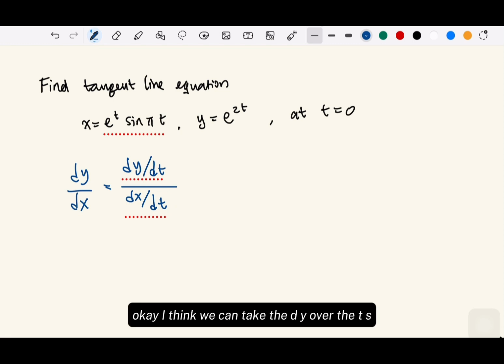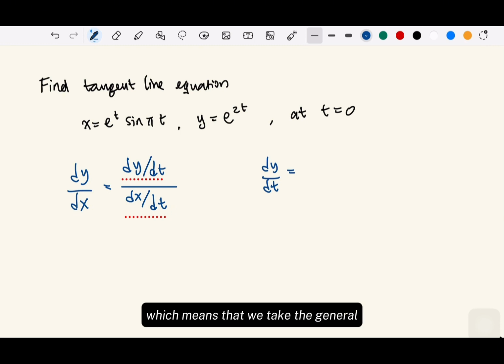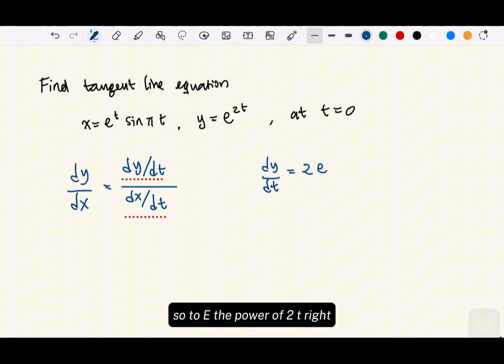Okay, I think we can take dy over dt, as we have e with power of 2t, which means that we take the chain rule, so 2e with power of 2t, right? And for dx over dt, we use the product rule, okay?